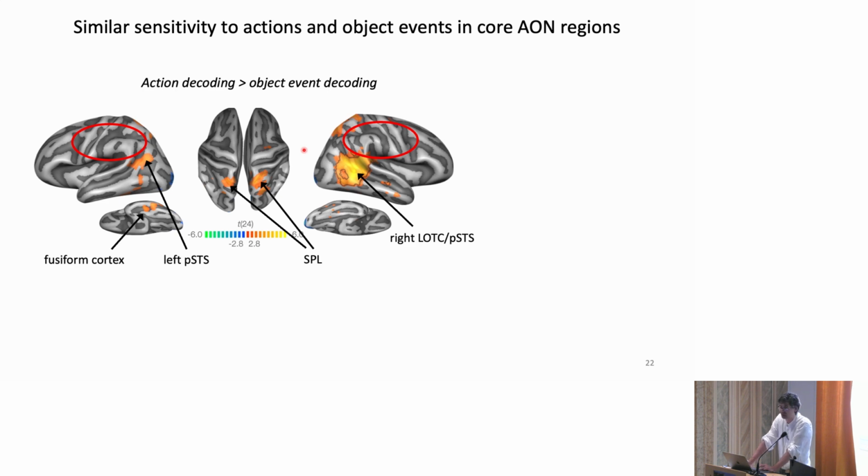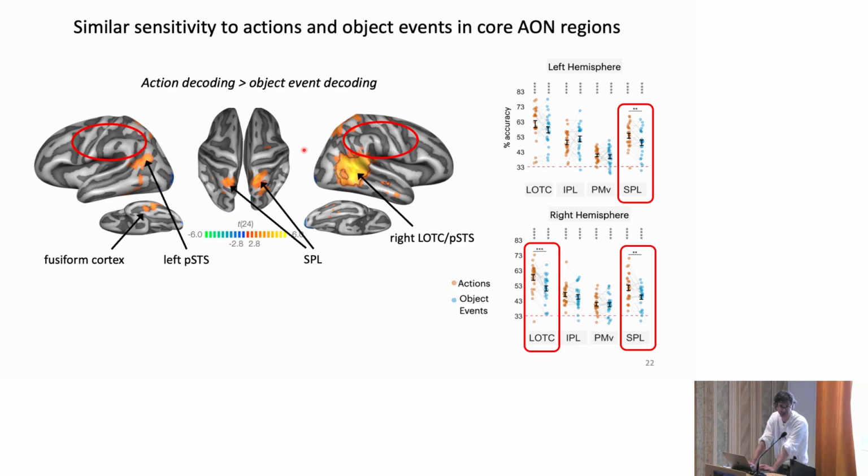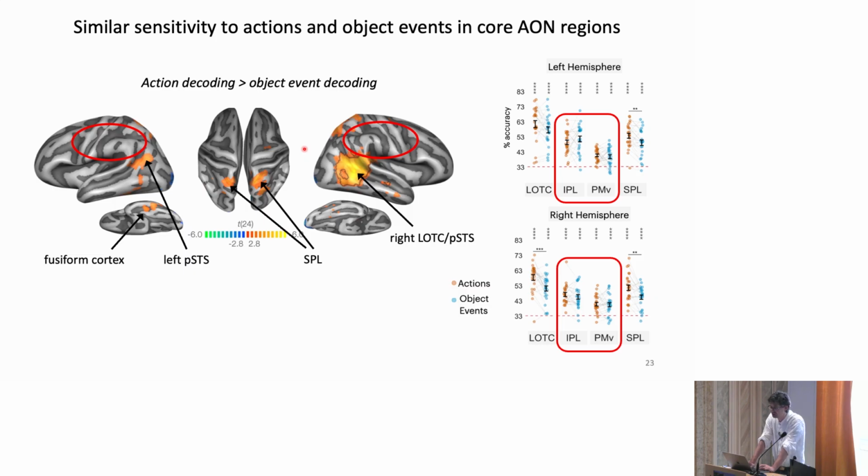And I think this is super surprising, so we didn't expect to find such a strong lack of differences. Now, for an even more sensitive test, we compared the decoding accuracies in a region of interest analysis, which again shows stronger decoding for actions in the right LOTC and bilateral SPL, but no significant differences in premotor cortex and IPL.